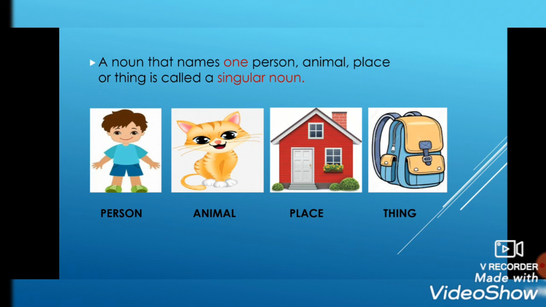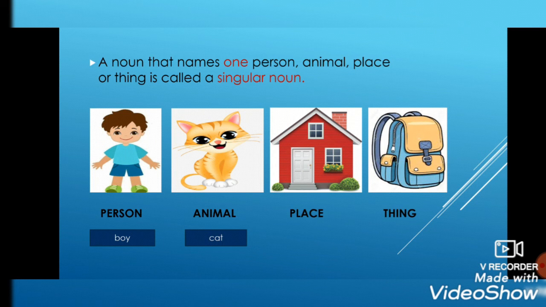In the first picture, we can see a boy. So boy is a singular noun that tells about one person. In the second picture, we can see a cat. So cat is a singular noun that tells about one animal.